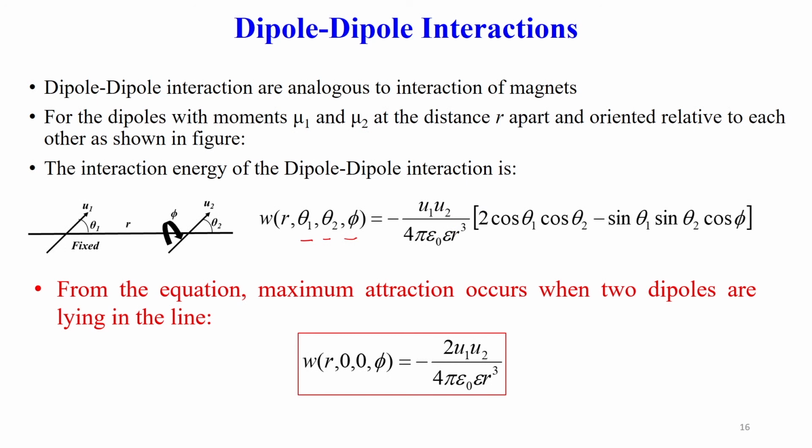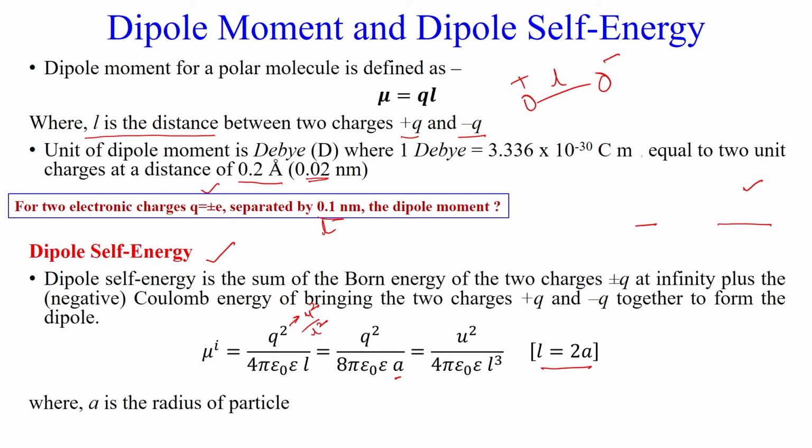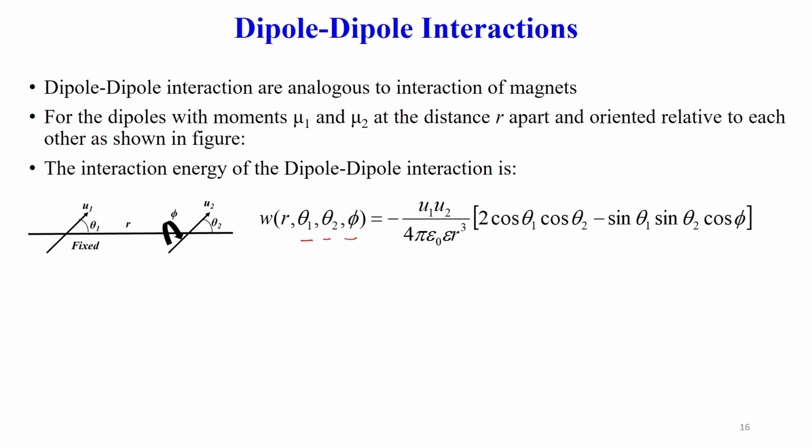So, it is r cube, u1 u2 over 4 pi epsilon naught epsilon into r cube, because if you remember, q is equal to u upon L. So, there will be r cube, r was already there, one r is coming from here, one r is coming from here. This will be r cube times, of course, two different angles: cos theta 1 cos theta 2 minus sin theta 1 sin theta 2 cos phi.